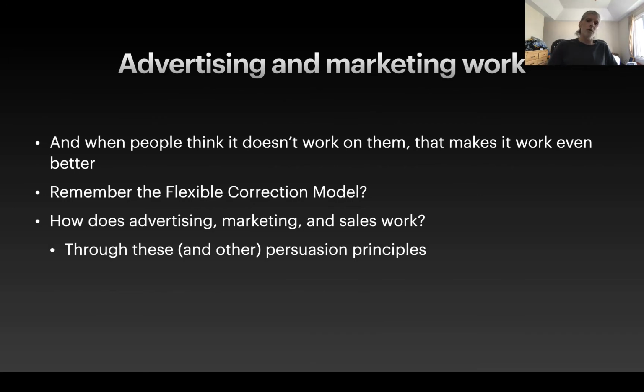So how do these things work? Advertising, marketing, and sales. Basically through the principles from this module. Obviously, there are other persuasion principles. You could take an entire class on them, but this is a pretty good introduction to the types of things that make people buy things that they don't need to buy, spend more than they need to spend, and things like that.